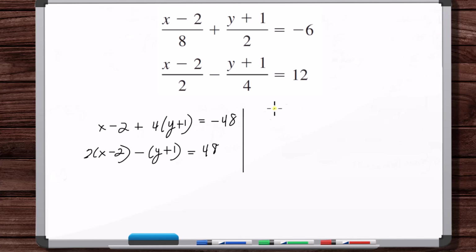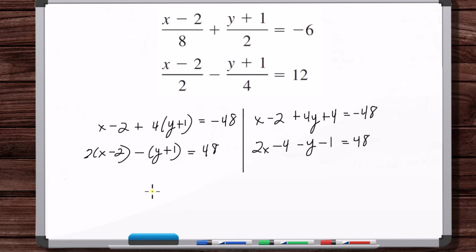All right, so we've got x minus 2 plus 4y plus 4 is equal to minus 48. Okay, 2x minus 4 minus y minus 1 is equal to 48.